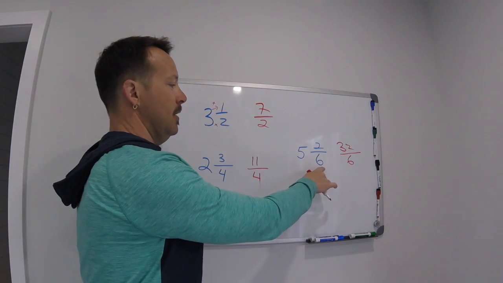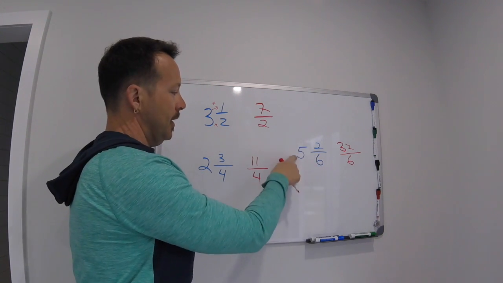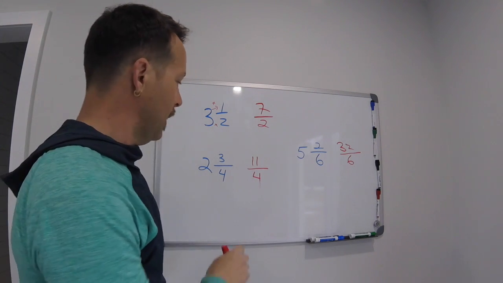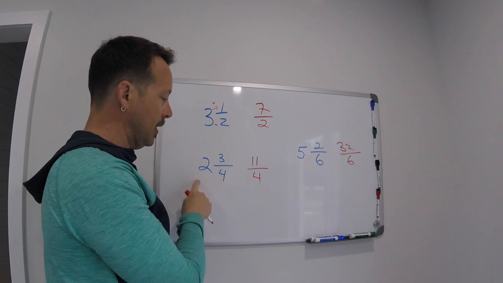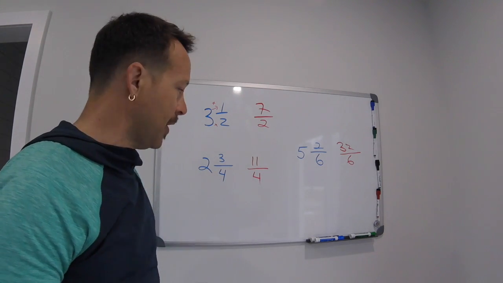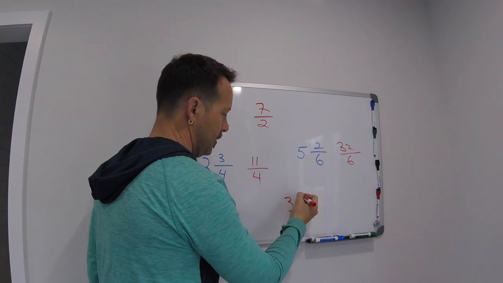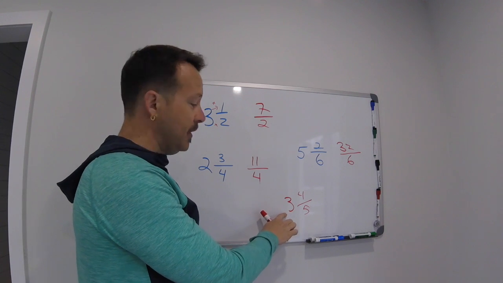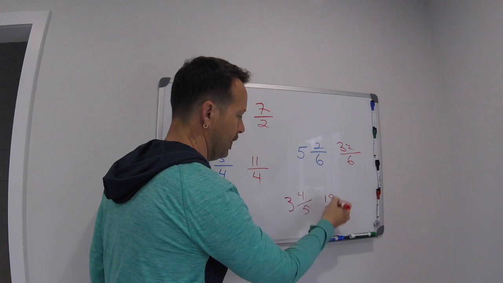It's just simply multiplying these and adding. It'll work every time. Always keep the denominator the same. And when you have a mixed number that you have to change to an improper fraction, let's make one up. Let's go 3 4/5. 3 times 5 is 15, plus 4 is 19 over 5.